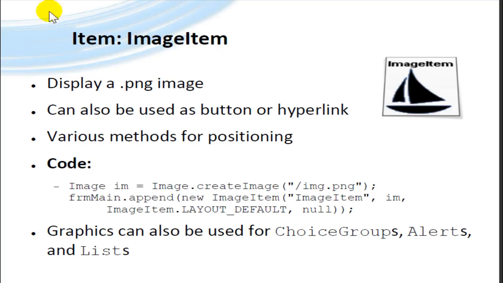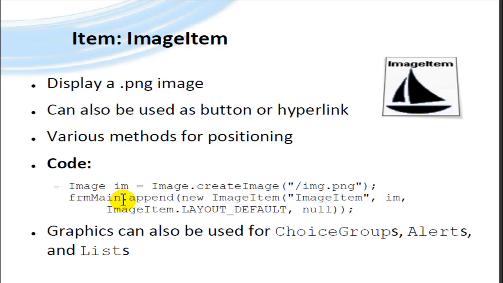So next is an image item. If you want to display some image, especially a .png image, then you're going to position it. First, like all items, we create an object im of Image.createImage. We have to say Image.createImage, and then give the path where it is located. Then we append this image to our form.